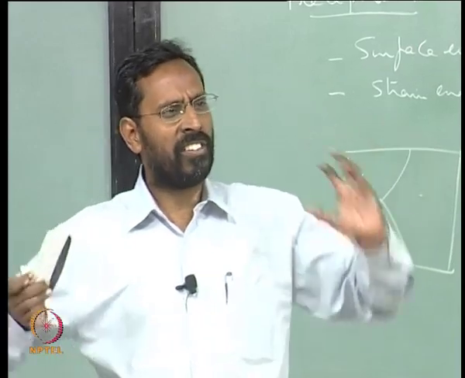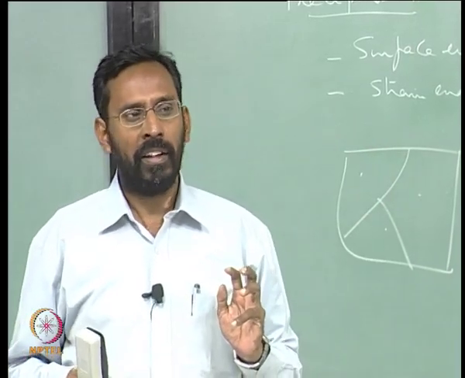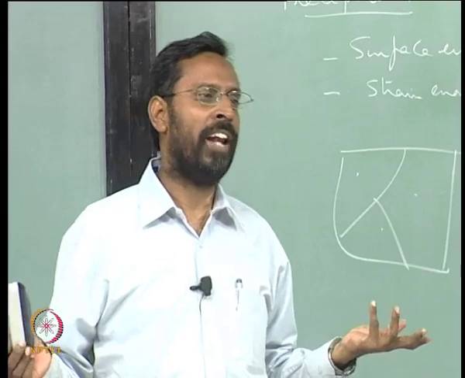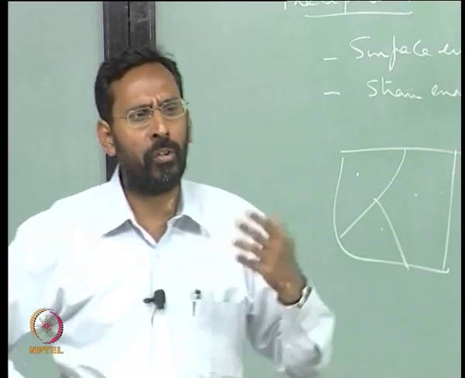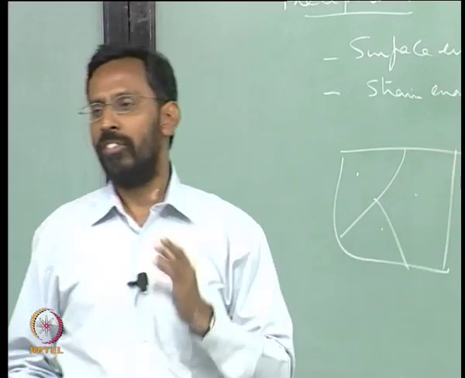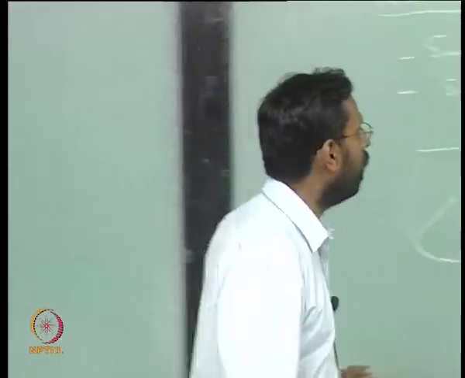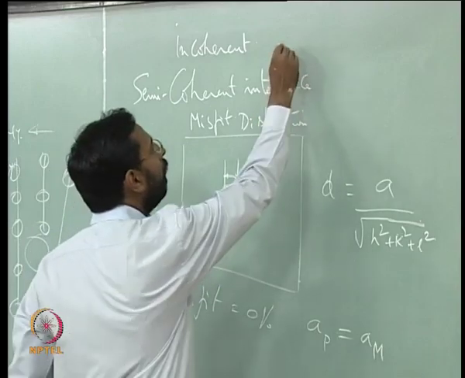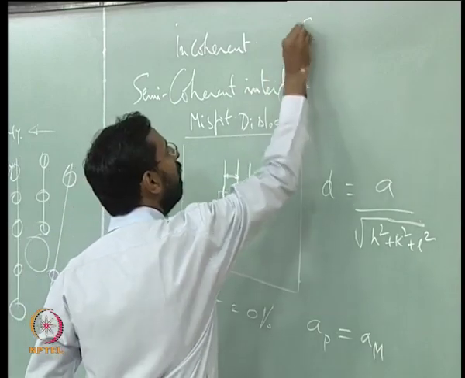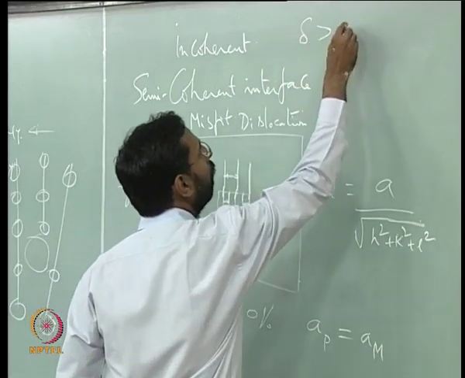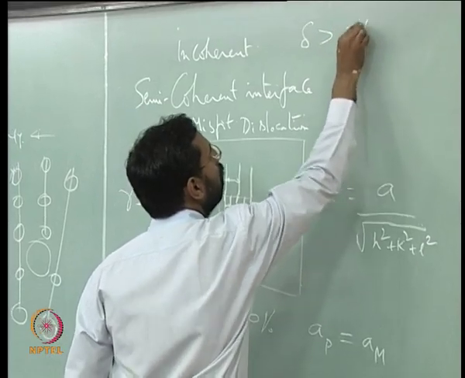As long as the structure is the same, the only difference is the lattice parameter, and the system tries to have either coherent or semi coherent interfaces. You get incoherent when the misfit, which we call delta, crosses about 15 to 20%.